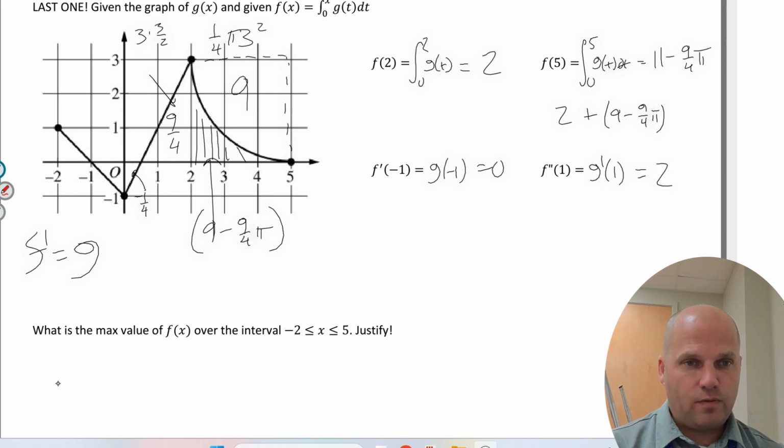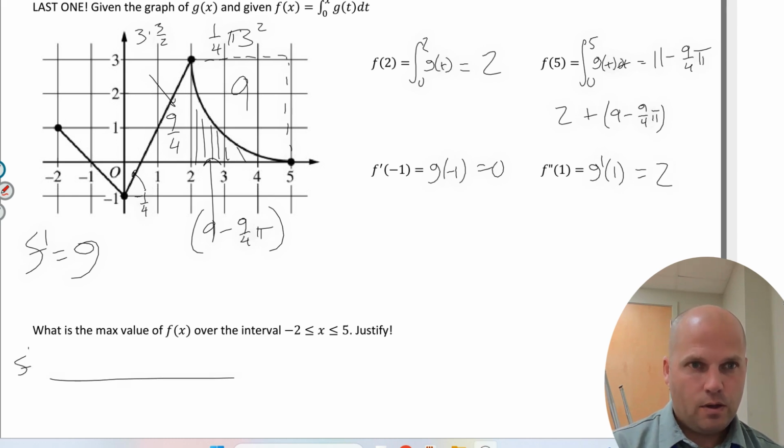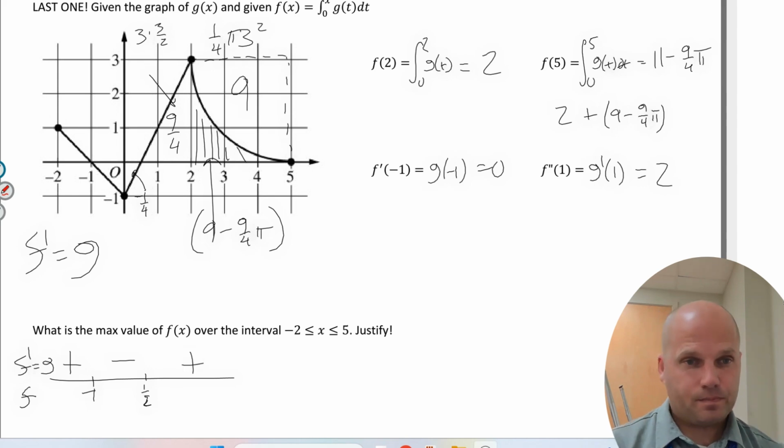This is the derivative. The derivative of f will tell me about f's behavior. It's positive until -1. It's negative until a half. And then it's positive the rest of the way.